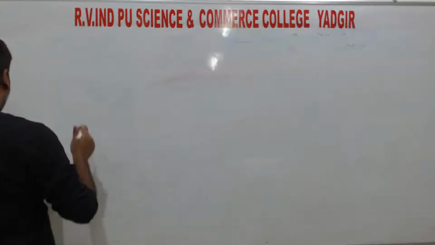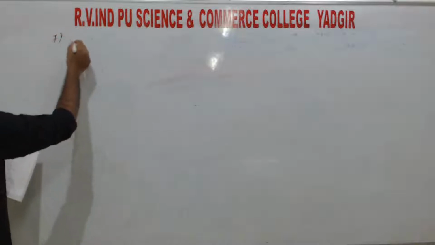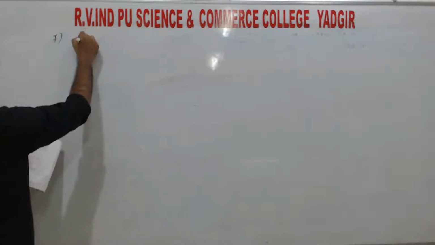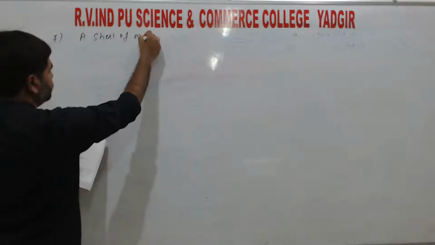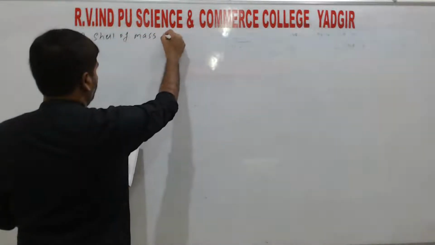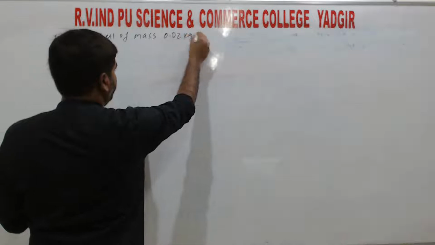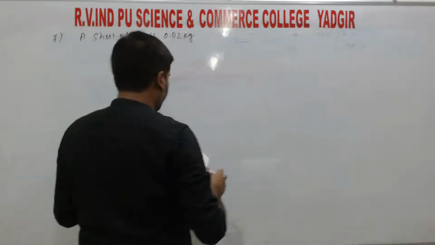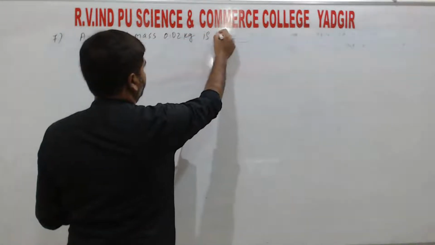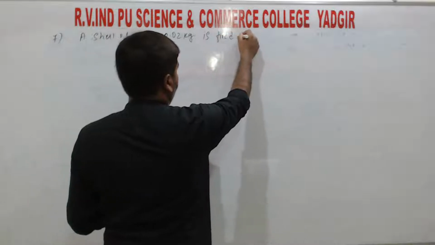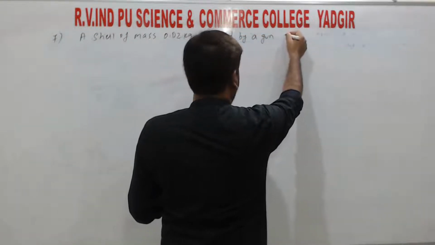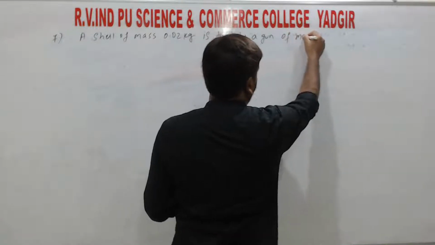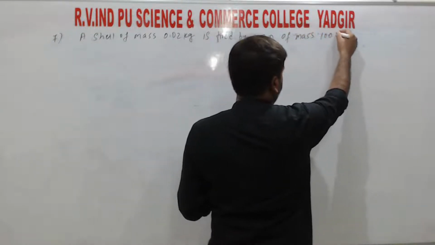On the next problem, a shell of mass 0.02 kg is fired by a gun of mass 100 kg.